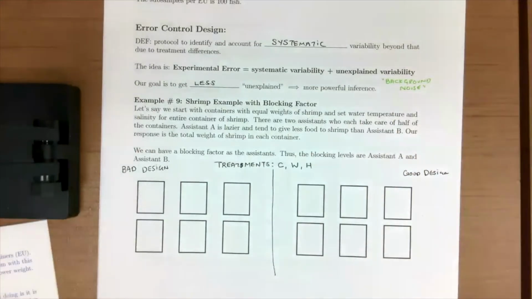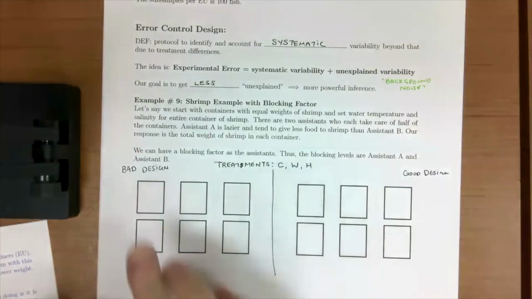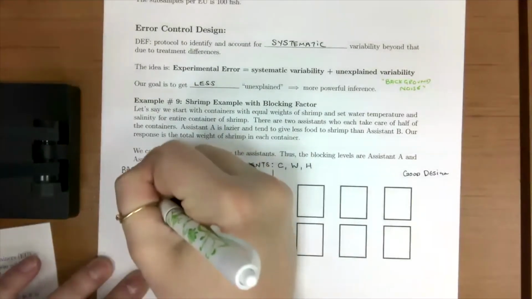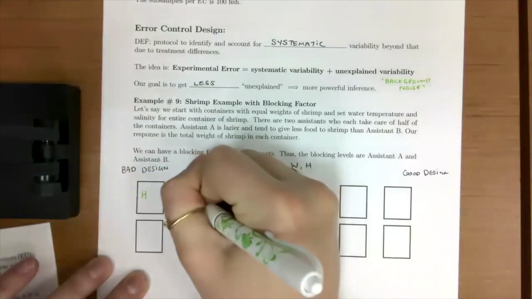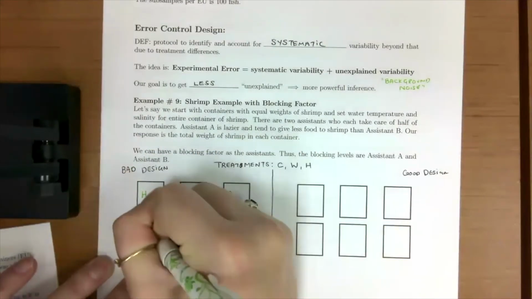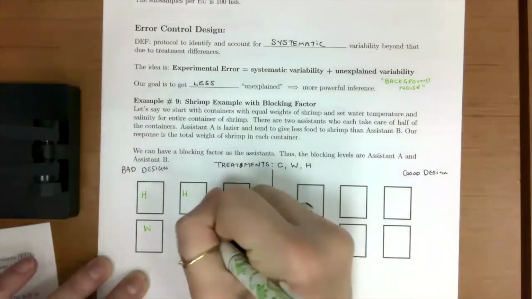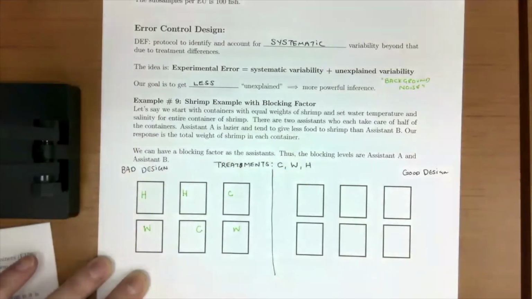So we can randomly assign hot and cold to our experimental units. So let's say we have hot, hot, cold, warm, warm, cold, okay?